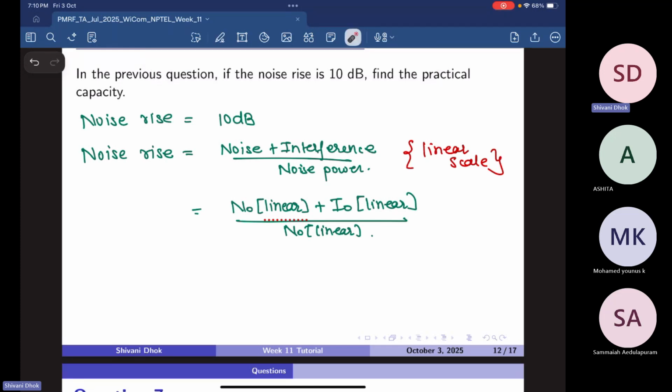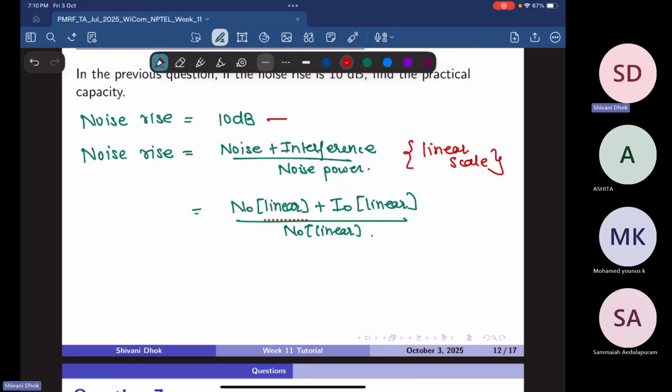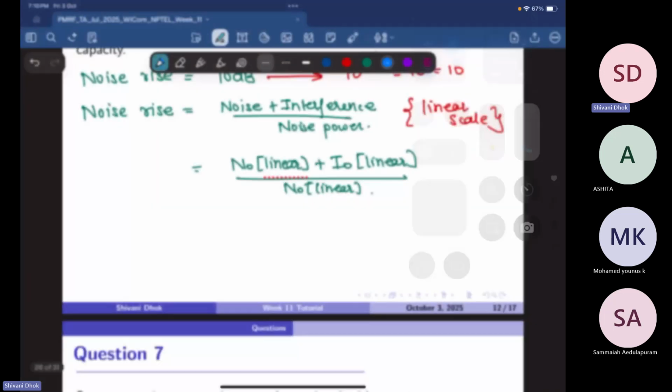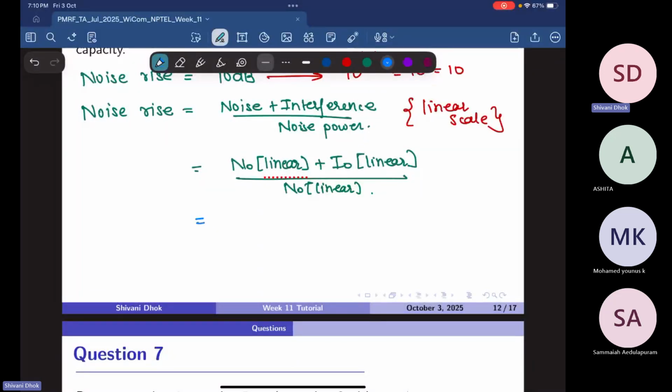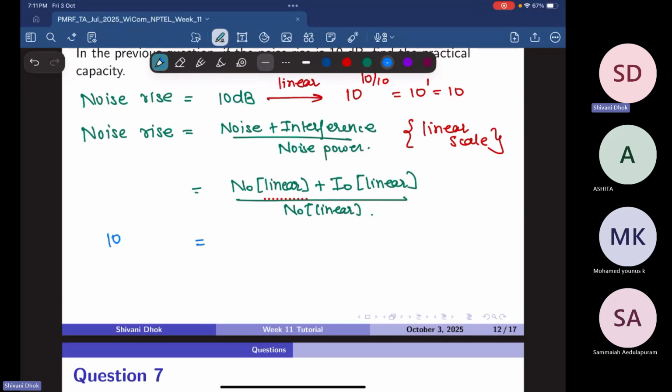So now what we need to do is first convert this dB value to linear value, which gives us 10 to the power 10 by 10, which comes out to be 10 to the power 1, equal to 10. So 10 equals (N naught plus I naught) by N naught.